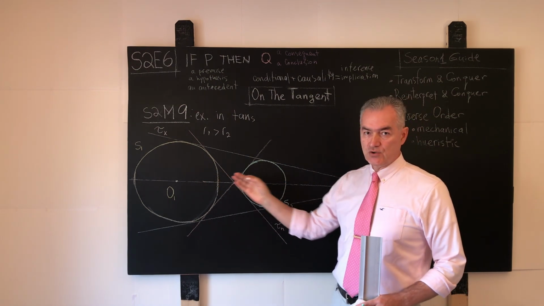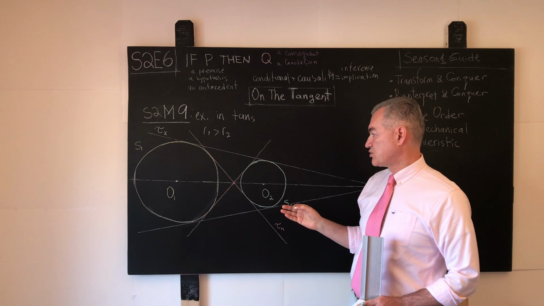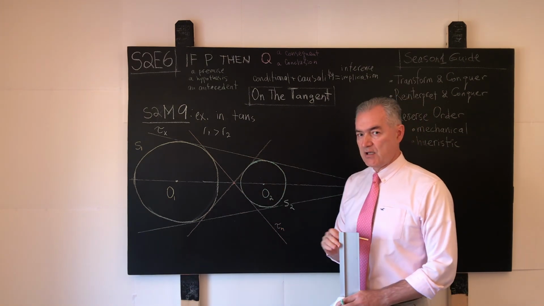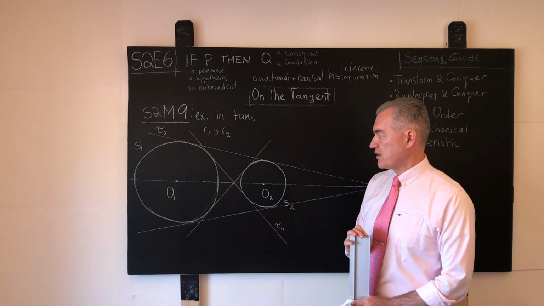These circles do not intersect. The smaller circle S2 is not contained by the larger circle S1.